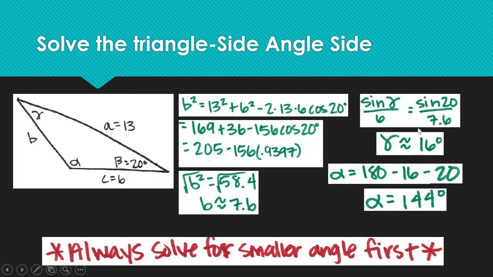If we would have done this for alpha, it wouldn't have given us 144. It would have given us alpha equals 54, because your calculator only finds the acute angle. So it doesn't tell you an obtuse angle. That's why you find the small one first and subtract from 180, so that if you have an obtuse angle in your triangle, you can find it from subtracting from 180 and not doing an inverse sine. So that's your last helpful hint.